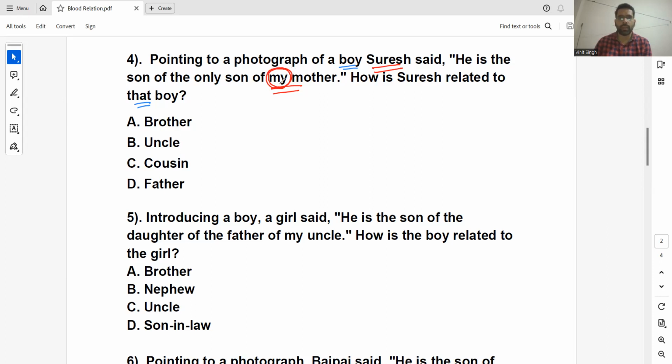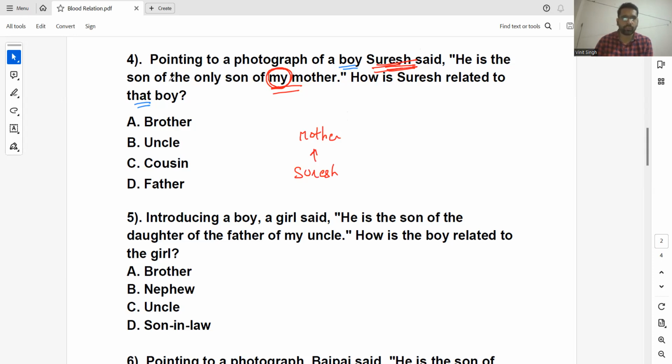So we will start from "my". Here, pointing to a photograph of a boy, Suresh said, what said? My mother. So first of all, we will start from my mother. Means Suresh's mother. Clear?